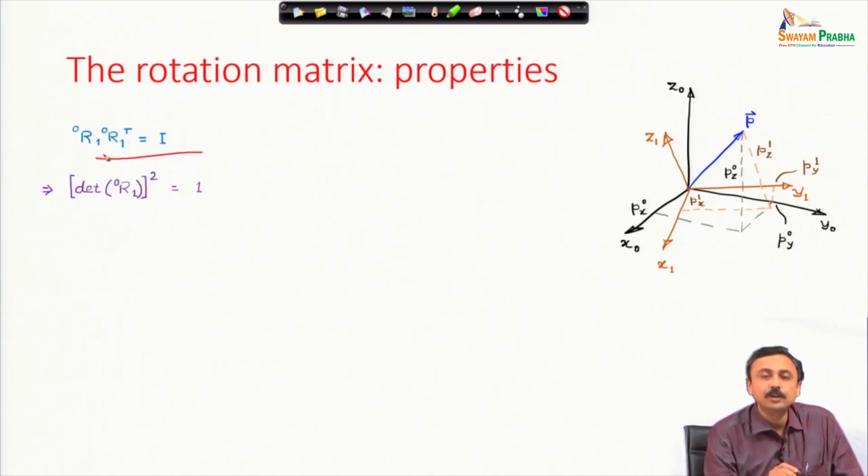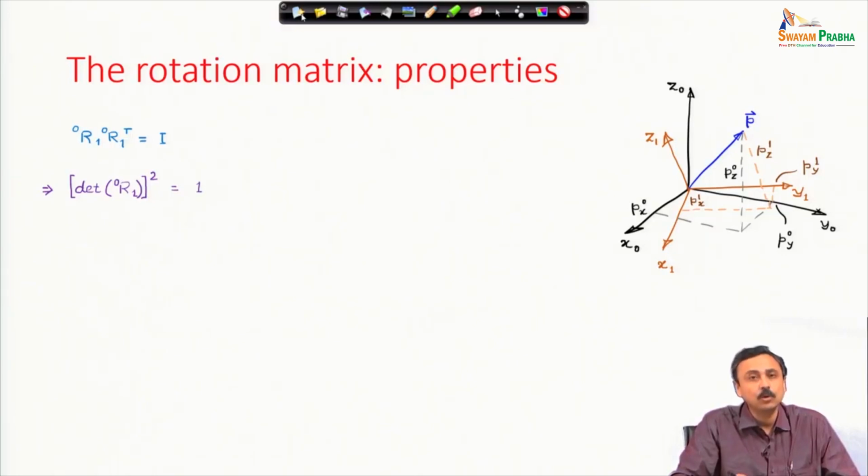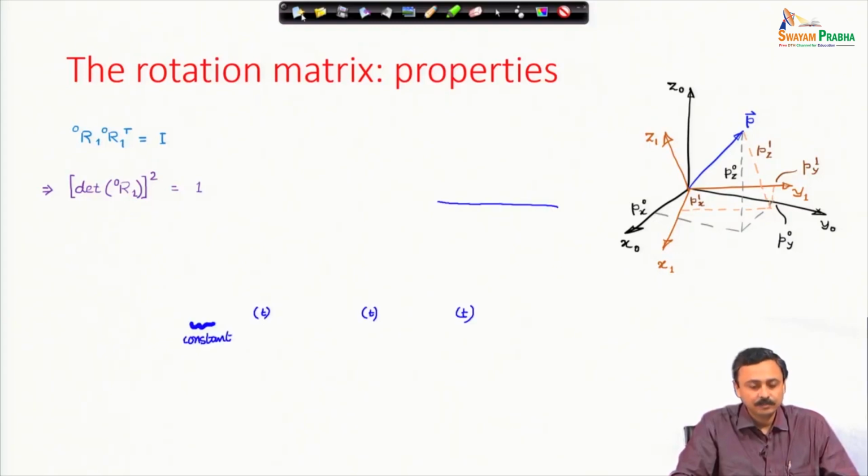If I take the determinant of this equation, then on the left hand side I have the determinant of R from 1 to 0 whole square, because the determinant of a product of two matrices is equal to the product of their determinants, and the determinant of the transpose of a matrix is the same as the determinant of the matrix itself. On the right hand side the determinant of identity is 1.